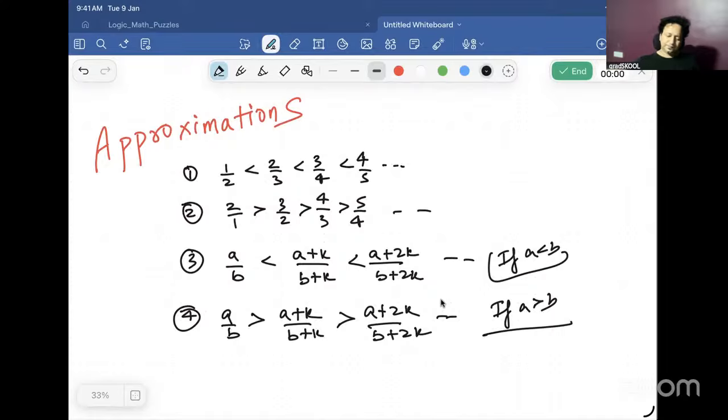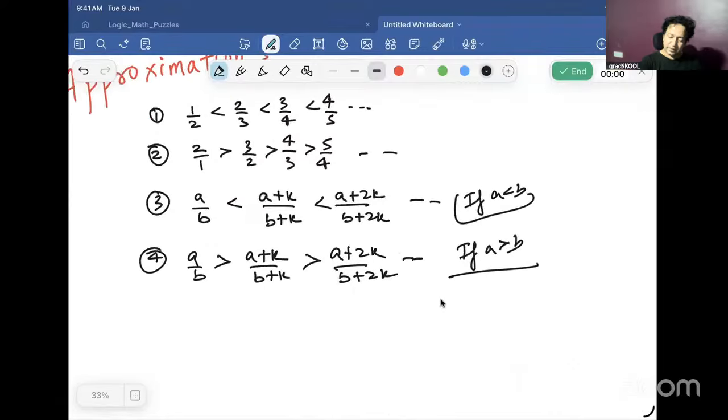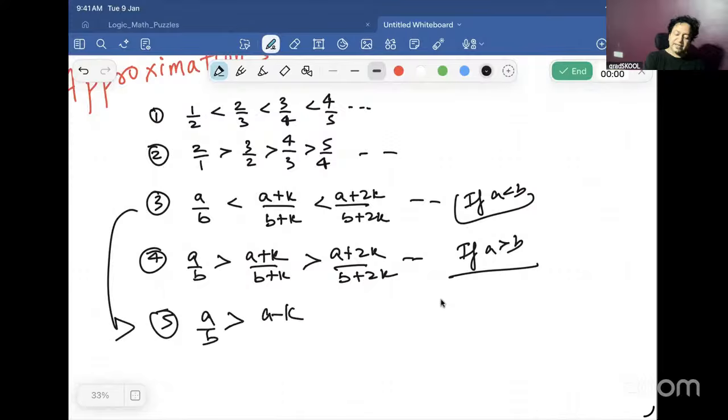Note it. अच्छा. जो थर्ड वाला है इसका एक और बनेगा. Fifth, A by B will be greater than A minus K upon B minus K.